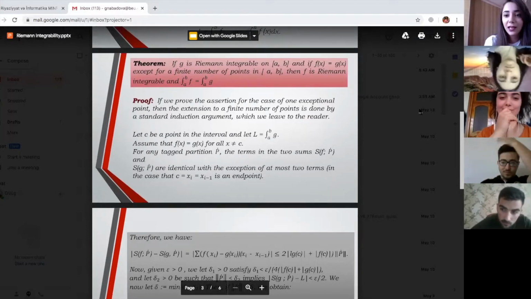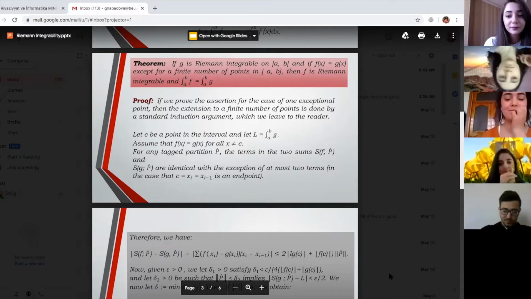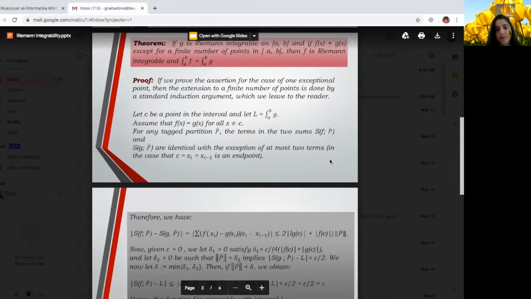Maharramli. Please, Nermin. Yes, now we have a theorem. If g is Riemann integrable on [a,b] and if f(x) is equal to g(x) except for a finite number of points in [a,b], then f is Riemann integrable and the integral of f over [a,b] is equal to the integral of g over [a,b].